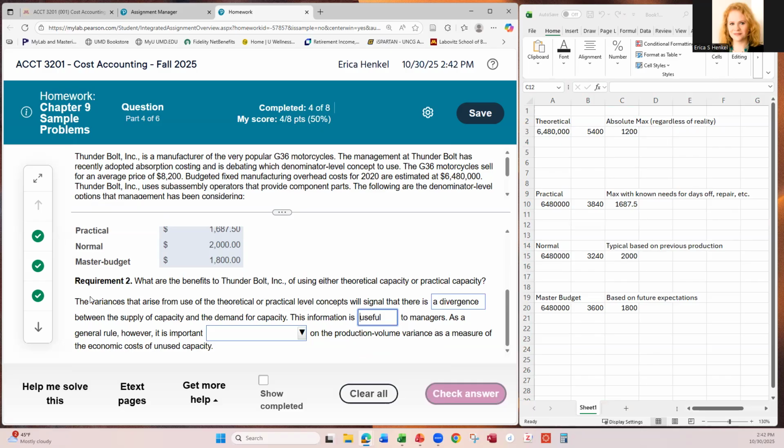As a general rule, however, it is important not to place too much reliance on the production volume variance as a measure of the economic costs of unused capacity.